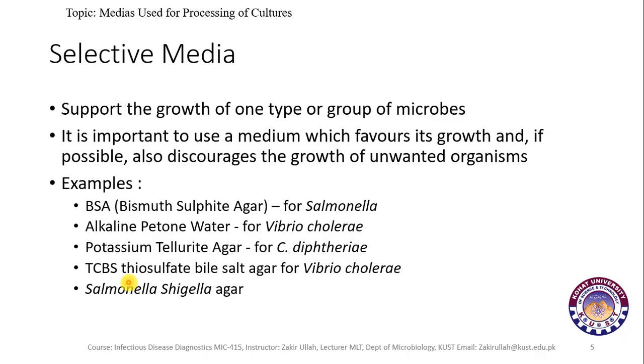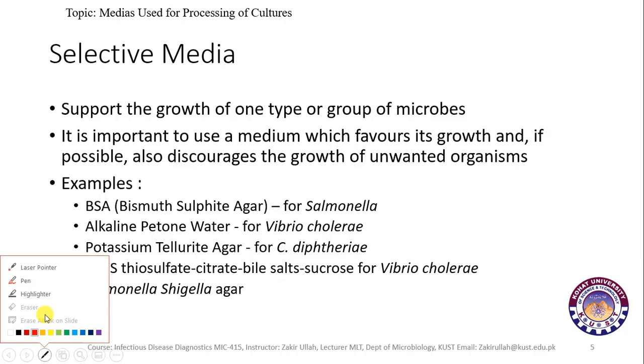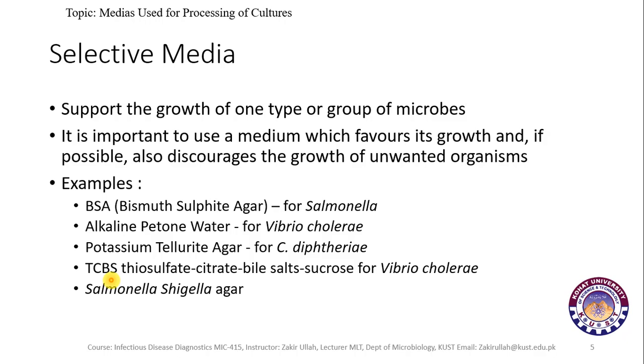TCBS, thiosulfate citrate bile salt agar, is used for the isolation of Vibrio cholerae and other Vibrio species, and Salmonella-Shigella agar or SS agar is used as a selective medium for the isolation of Salmonella and Shigella.